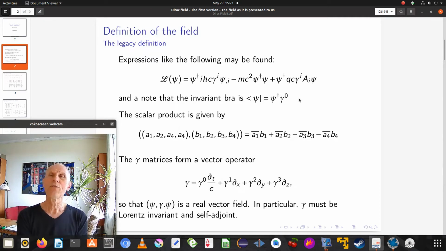And there is a very, very good reason for that. You see, there exists no unitary four-dimensional representation of the Lorentz group. We should have a representation of the Lorentz group.